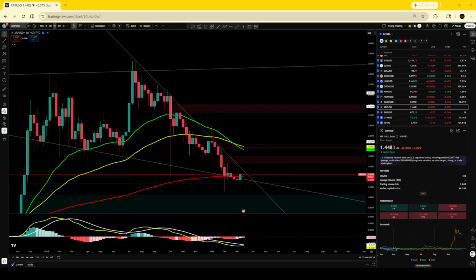Your order will only execute if price reaches that price. Limit orders give traders price control. However, there is a trade-off. Your order may never execute if the market never reaches your price, which is common sense. So limit orders prioritize precision over speed.